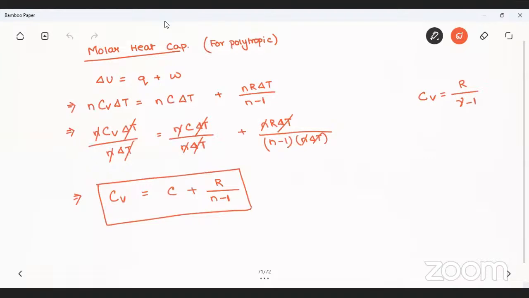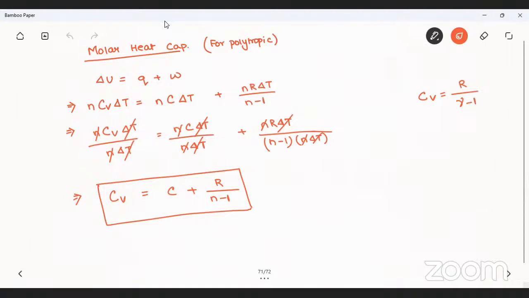Up to this, whatever I have written, is this part clear? Everyone, up to this, is this part clear? Just say, then I will put an end to this class. Yes, ma'am.